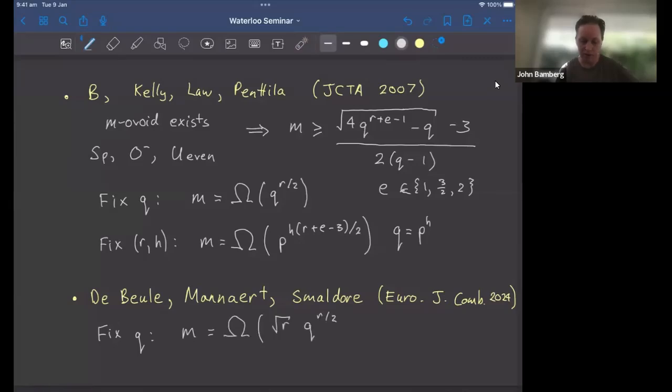So there's a square root of R in there. But if you do the second case that I was talking about, you don't improve the bound. Okay, so it's the same bound that they get.